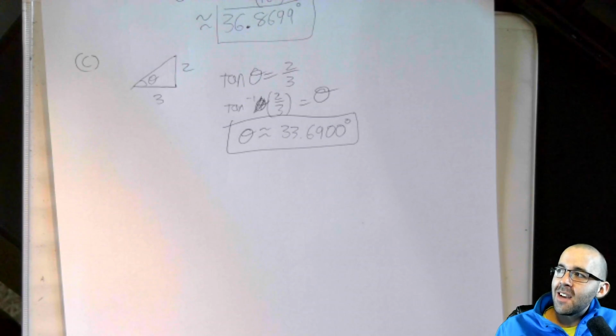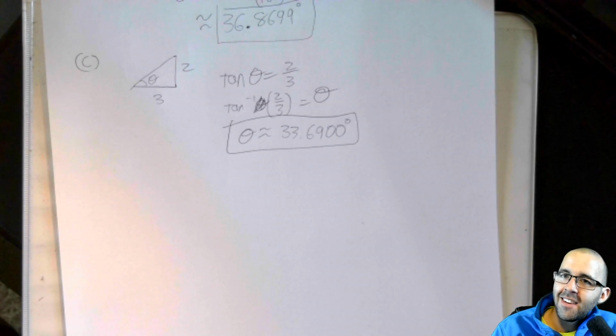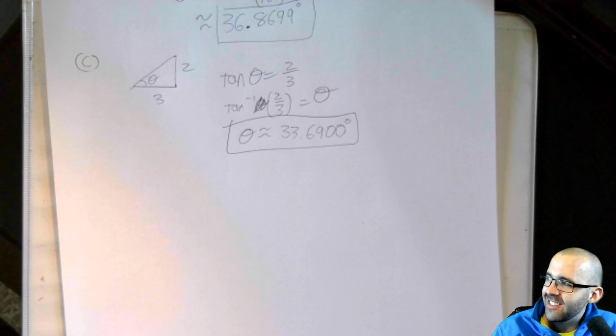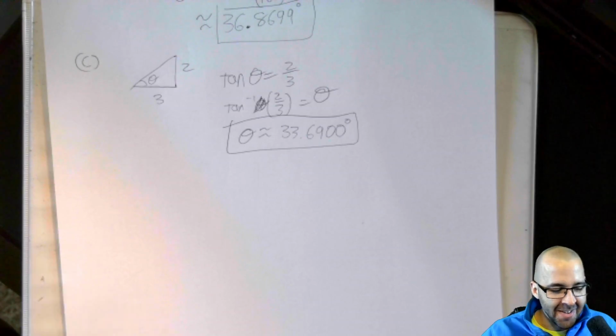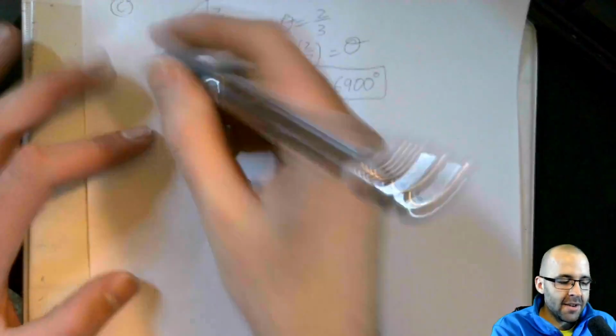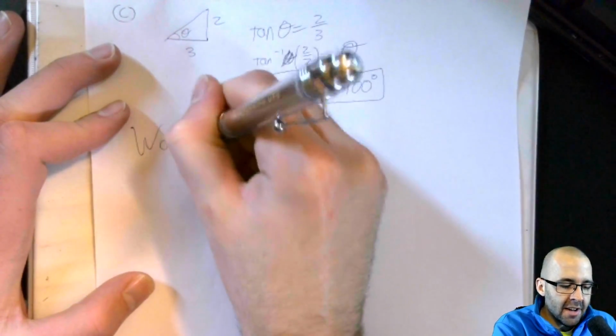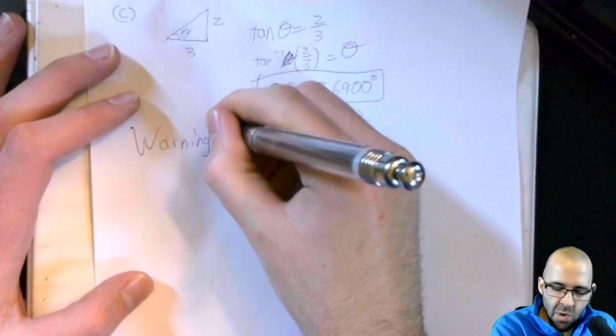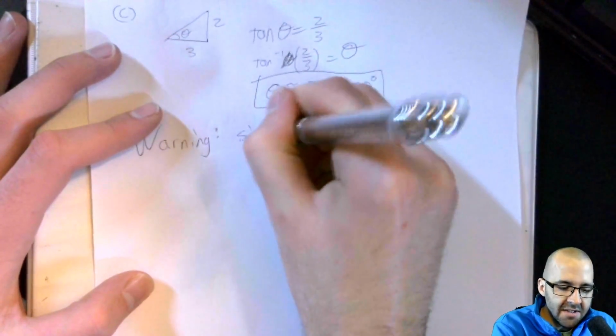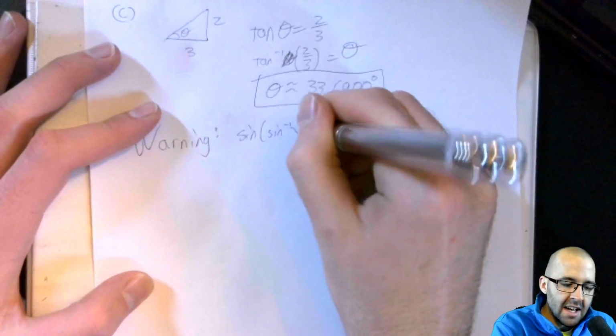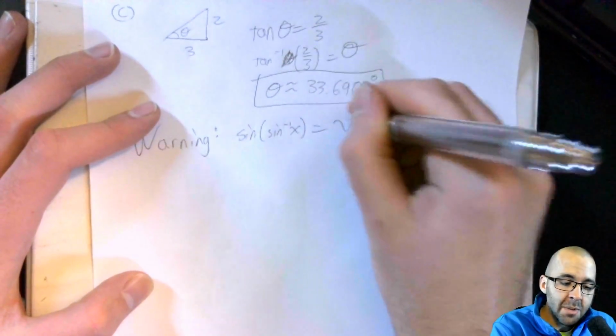Only one more example, and then we're done. There are also N letters. N letters is, I don't know what part of the alphabet, what number that is. But we talked about this earlier, but I'm going to comment on it again. Warning, the sine of sine inverse of x, this is actually always equal to x.